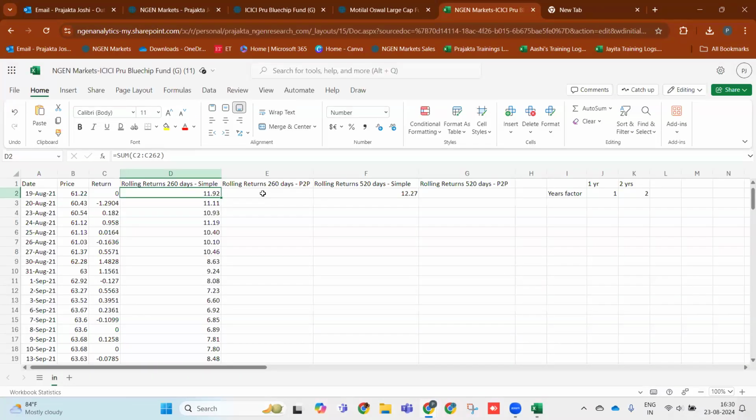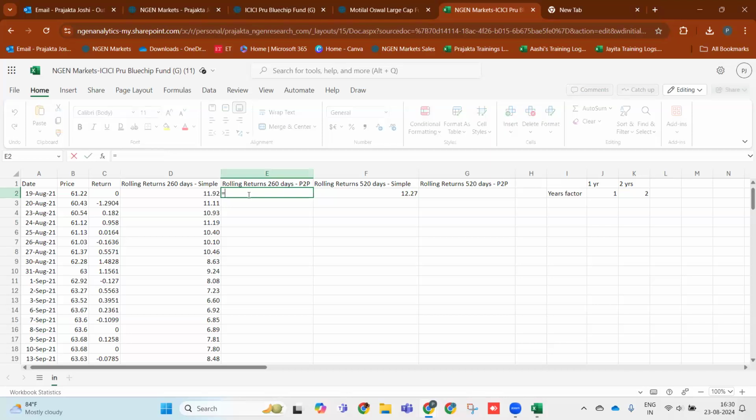So you go to the Excel sheet back again. Our cell reference was C262. That remains exactly the same. The formula, however, will change. So we'll say, okay, is equal to end price, meaning the end NAV, right? So that's B, because our NAVs are plotted in the cell reference B. So that's B262 divided by the start price.